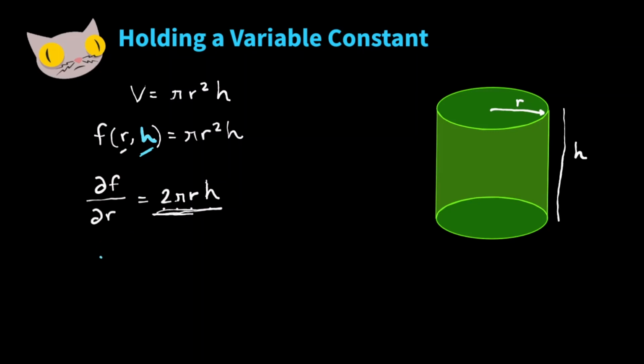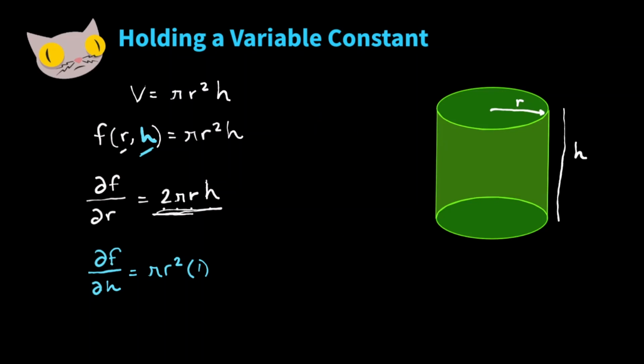Now let's find the partial derivative with respect to h. So that's going to give us del f del h, and that's going to give us pi r squared times 1, because h is to the first power, and by the power rule we would get 1 times h to the 1 minus 1 power, which gives us 1 times h to the 0 power, which leaves us with just 1.